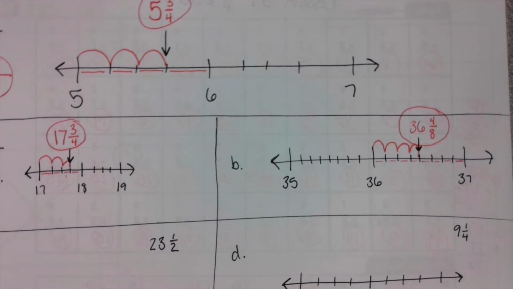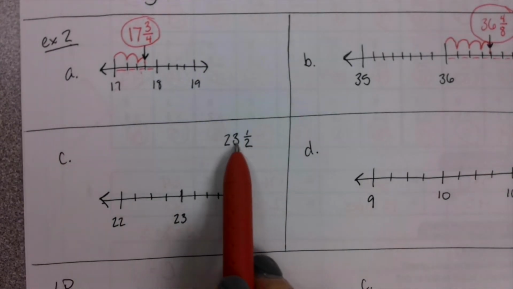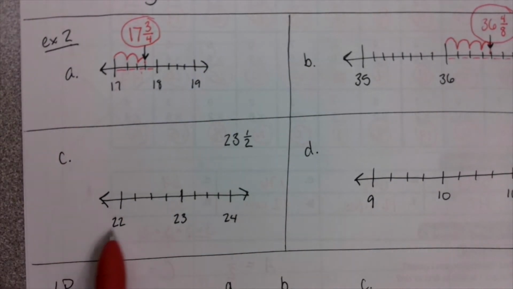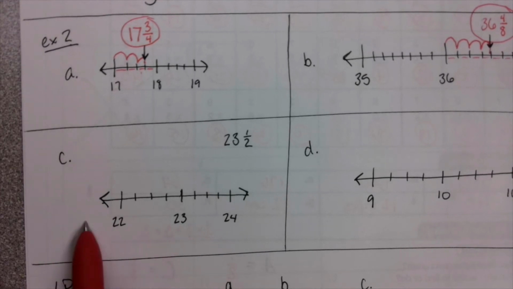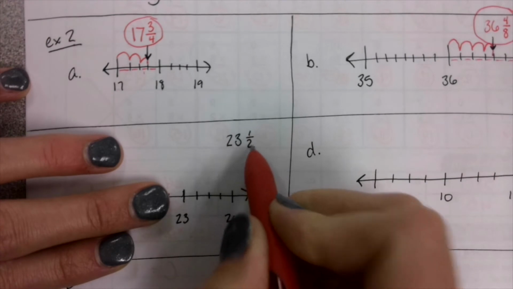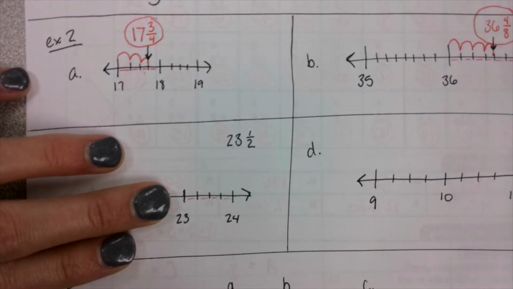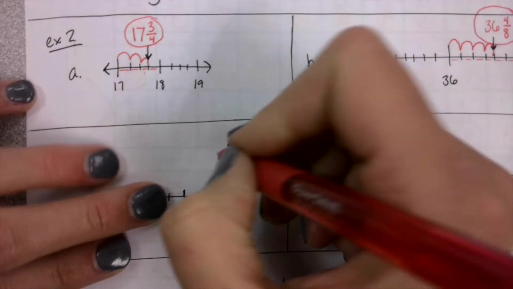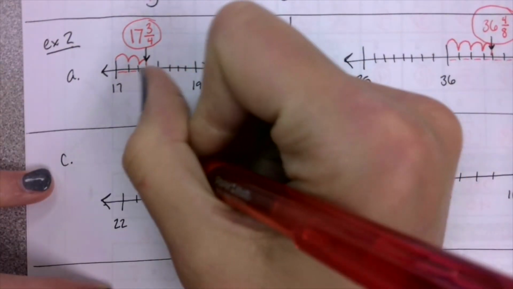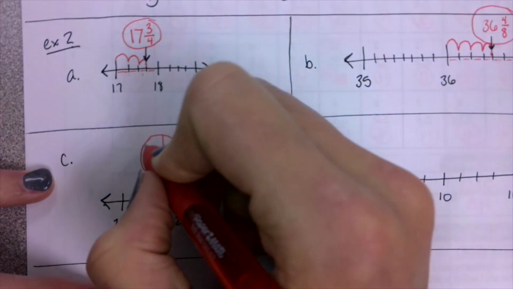Okay? On this one, C, let's figure out where is 23 and 1/2. Can it be in front of the 23? No. You know it's going to be on this side. Okay, so 1/2. 1, 2, 3. Well, there's 4 spaces here. So if we were going to have 1/2, we get a circle, and we're going to shade in 1/2 of it.